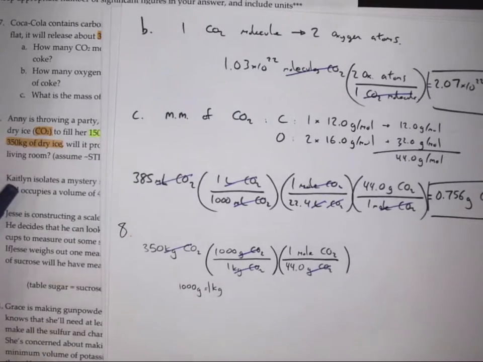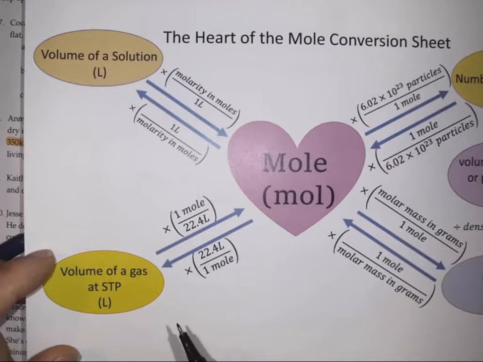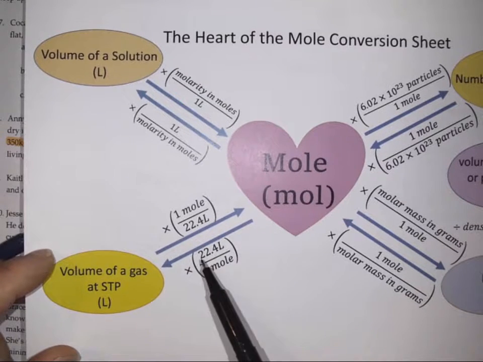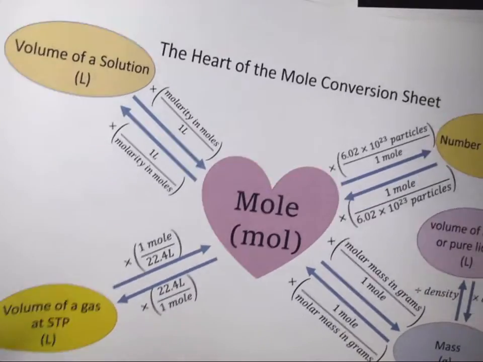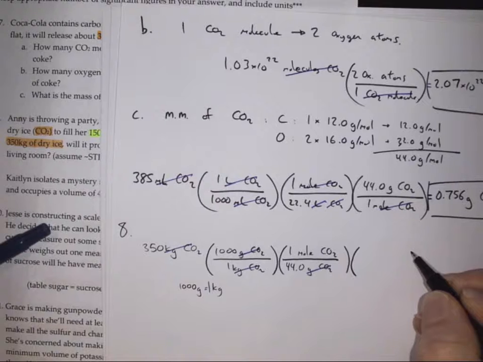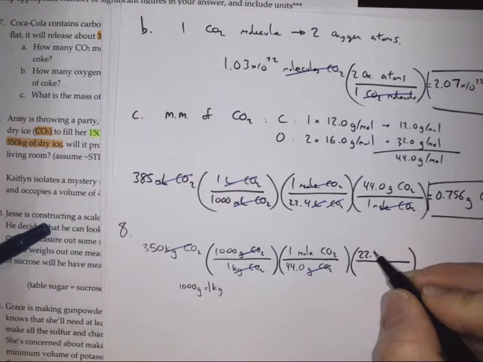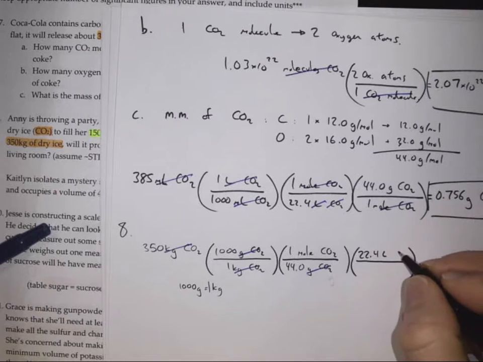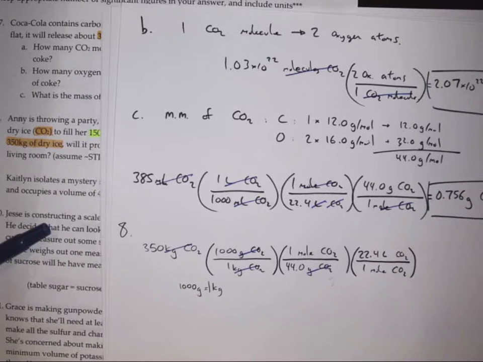And the question is, well, what volume will this make if it's turned into a gas at standard temperature and pressure? And so to do that, we're going to cancel out our units of moles and replace it with this volume here, because 1 mole of gas occupies 22.4 liters of space at standard temperature and pressure. So that's 22.4 liters carbon dioxide for every 1 mole of CO2.